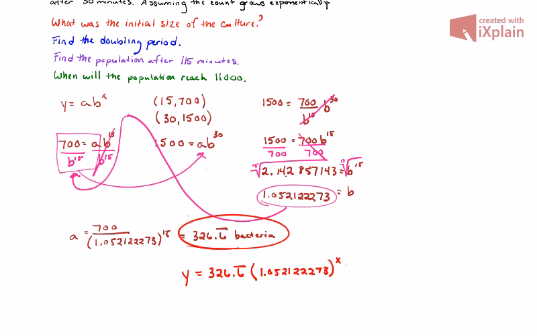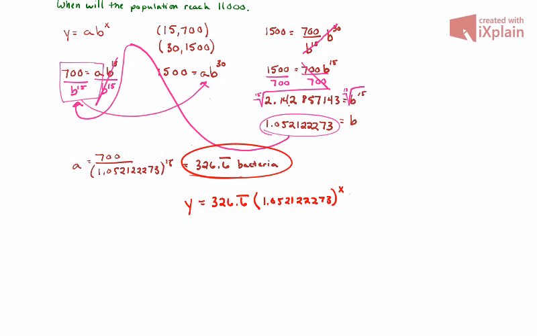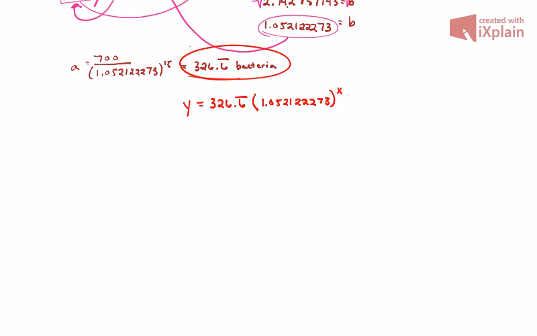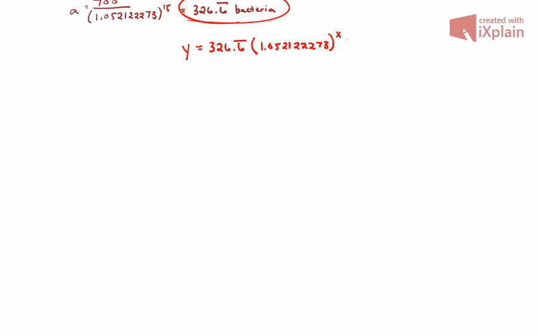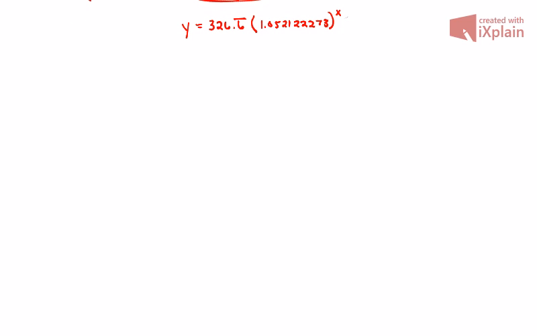So let's move on to find the doubling period. I'm going to show you the longer way to approach this one. Basically, we want to know at what time, so we're concerned about this x here, because if you recall from our coordinate points, x was representing the number of minutes that was passing by.